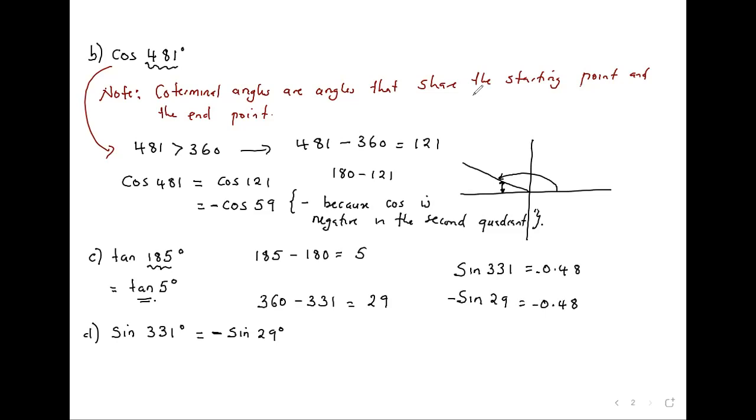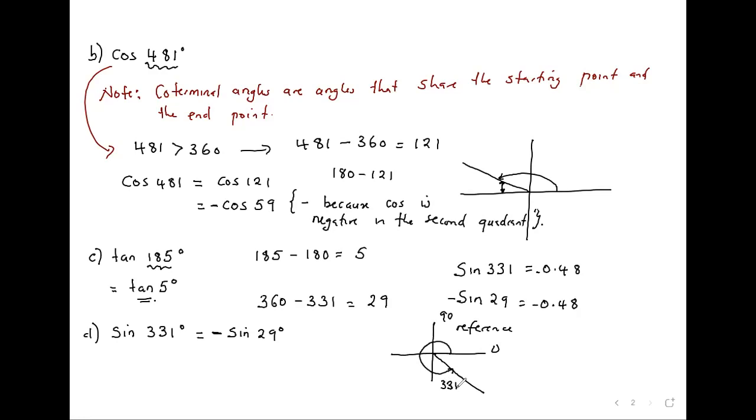29 is in the first quadrant, but it is a reference angle. Reference angles go around quadrants. So we have 331 in the fourth quadrant. We have an angle here, 331.